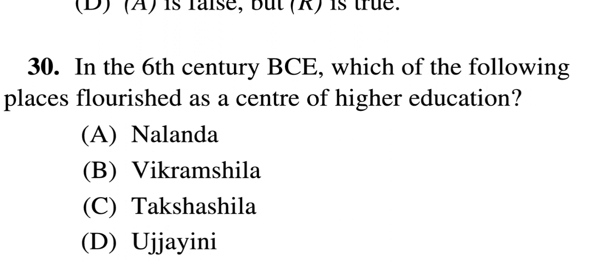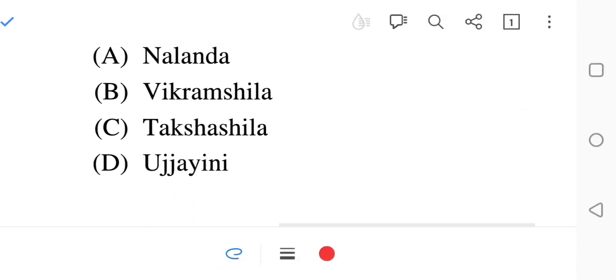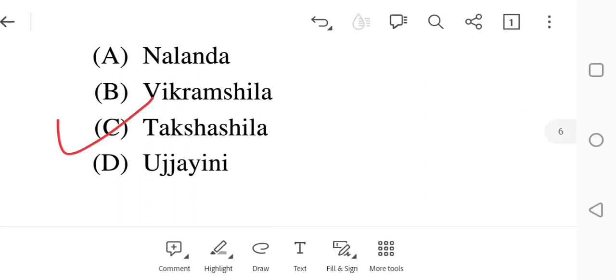Nalanda, Bikramshila, Takshila, Ujjaini. Correct answer will be Takshila, which flourished as a center of higher education in the 6th BCE. You must have heard about Takshila in your history book.